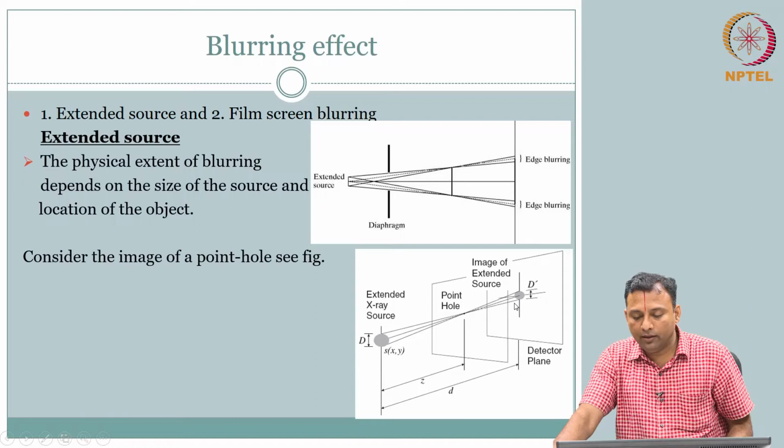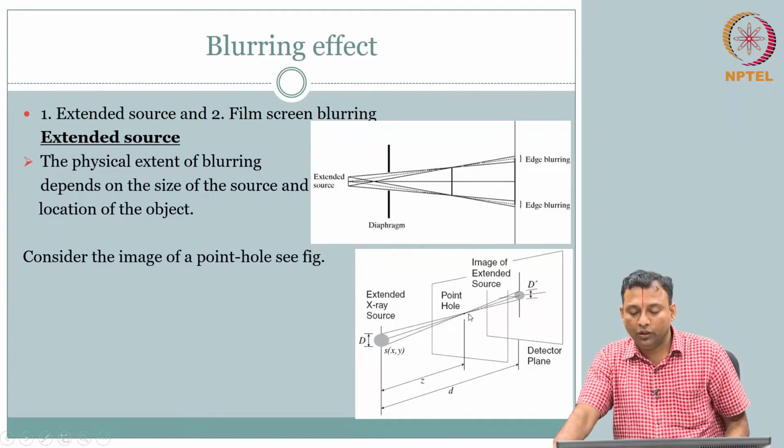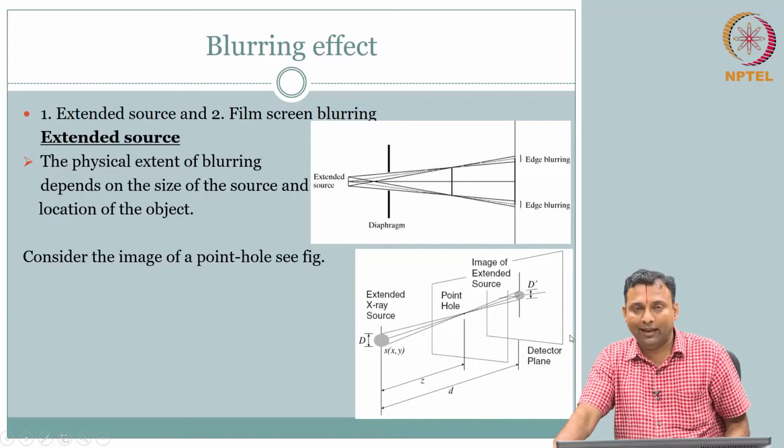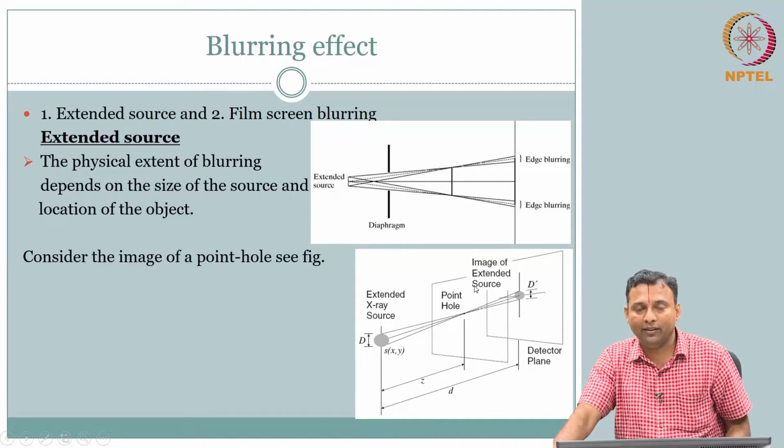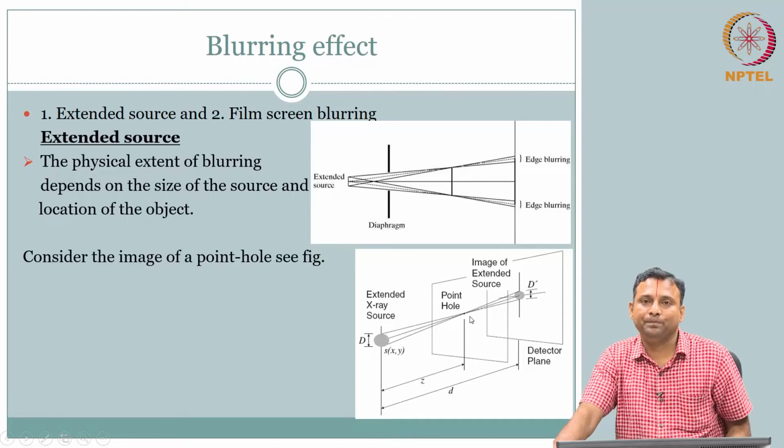It is going to be scaled, D dashed. One more thing is to do with what you see on the image on the detector, which you are going to interpret as essentially your object, f of x comma y. But what is this object? The object is supposed to be a point. So what are you going to see here?